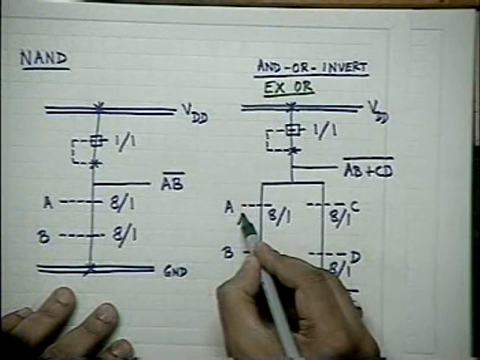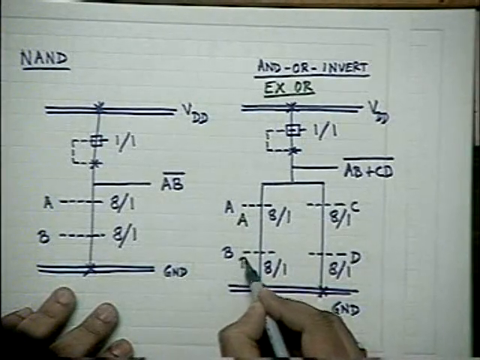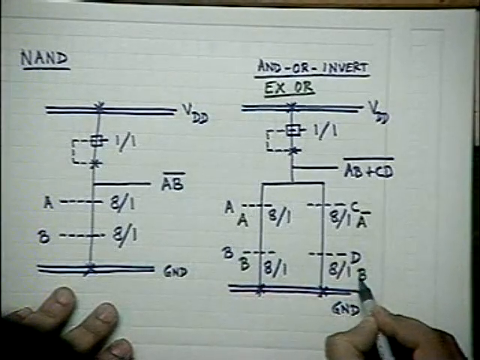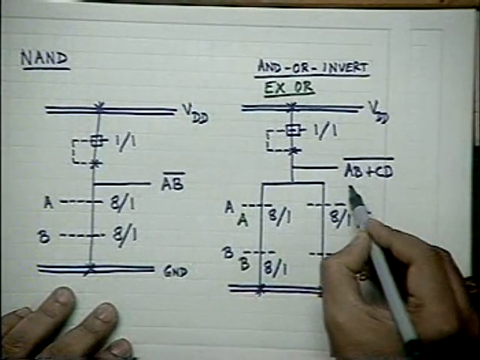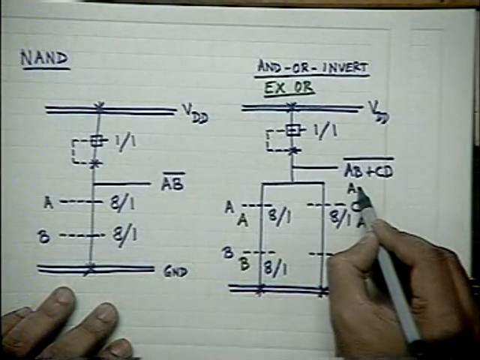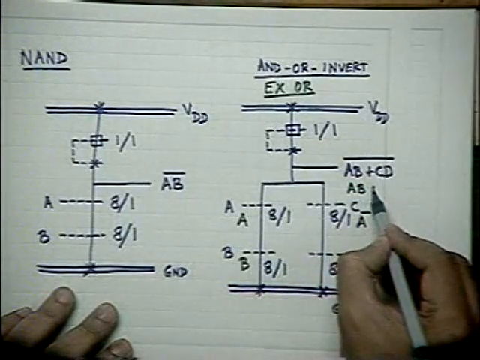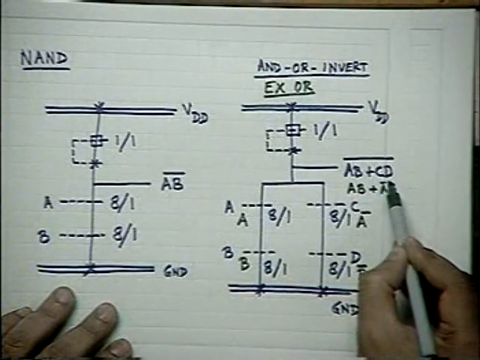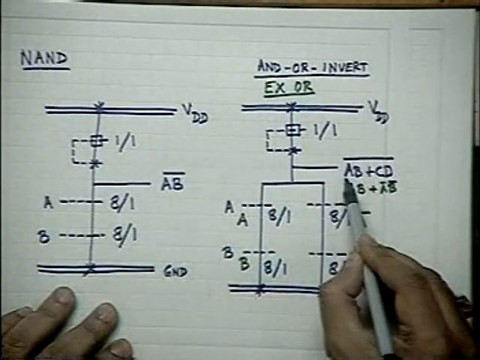Here you apply A, here B, here A inverse, here B not. Automatically this becomes AB plus A bar B bar. What is this? Exclusive NOR, so it's inverted.